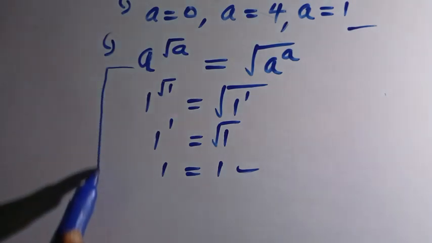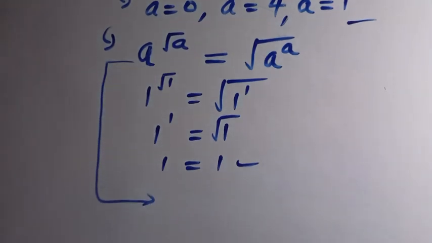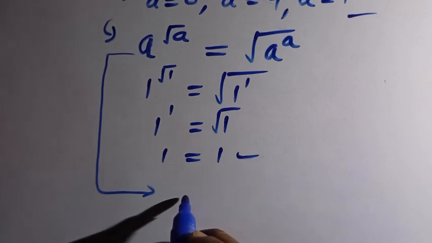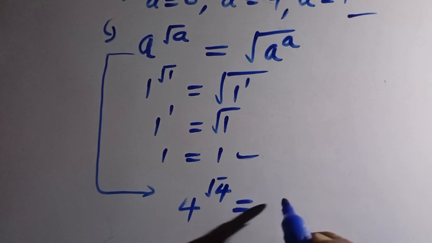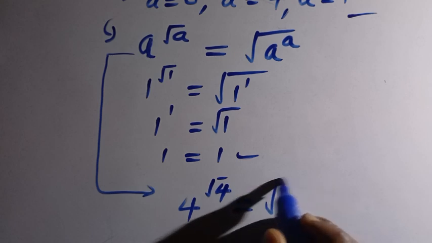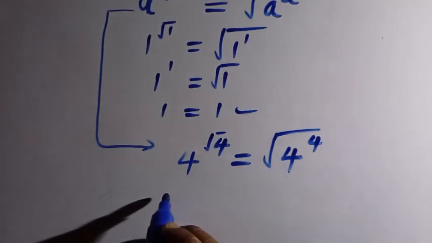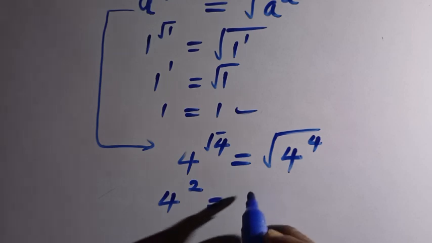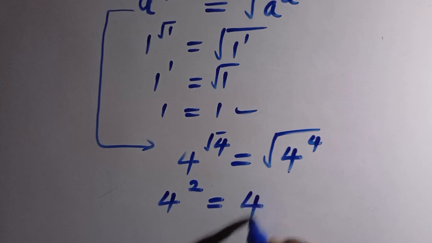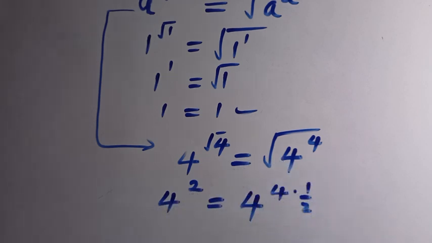And also, we try to substitute a equals 4. When we put a equals 4, we have 4 raised to power square root of 4 equals the square root of 4 raised to power of 4. So with this one, we have 4 raised to power square root of 4, that is 2, equals, and here we consider this as 4 raised to power of 4, then multiply by 1 over 2.